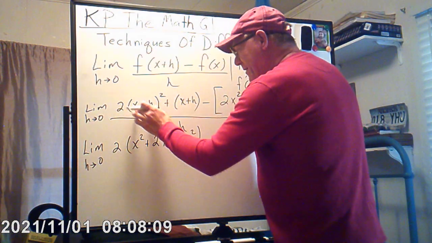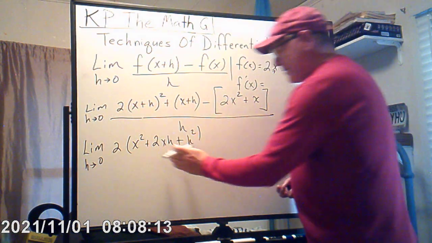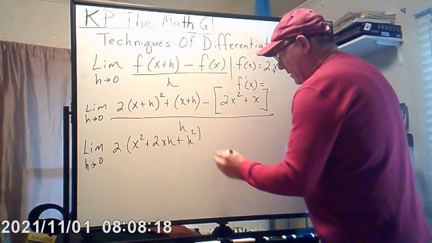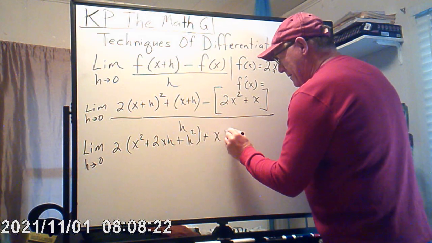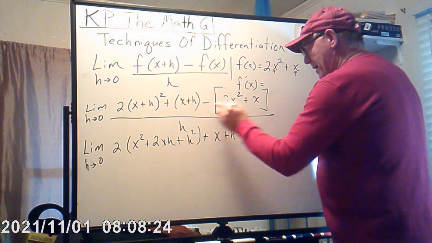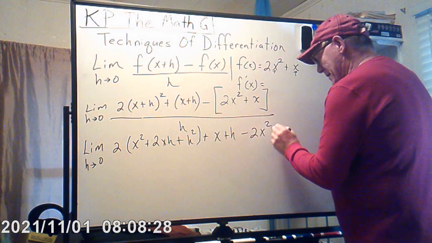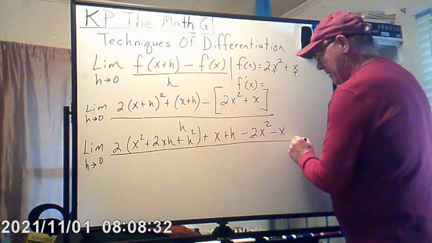Give yourself 3 terms here. Actually it's 4, but 2 of these go together. Alright, let's keep going now. Plus x plus h. Now I distribute the minus sign. Minus 2x squared minus x, all over h.